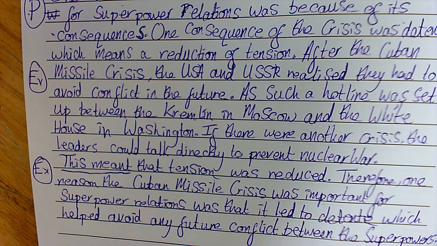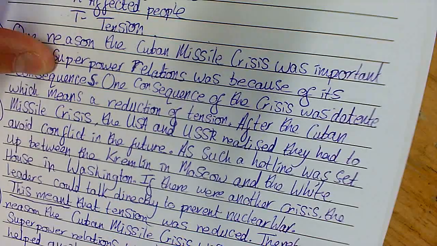In the second paragraph, I'm going to discuss why it's important for reducing tension. Now, I'm only going to write the sentence starter, or the start of my point. You're going to need to finish this paragraph yourself, as practice before the exam on Thursday.